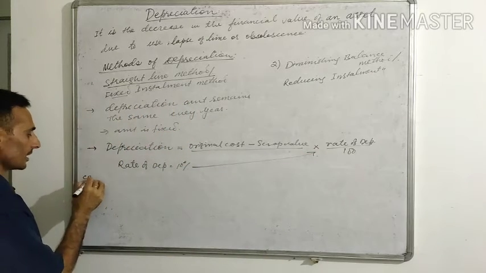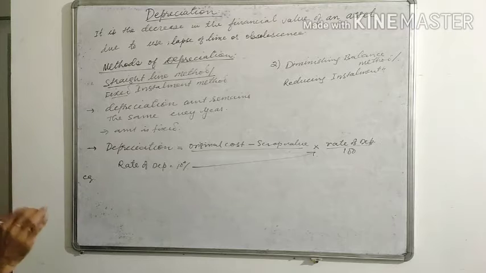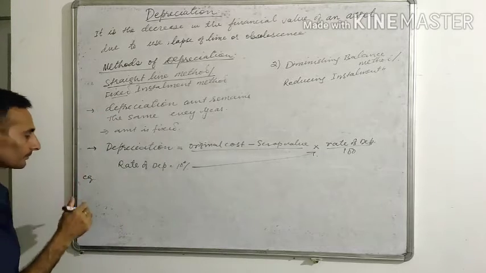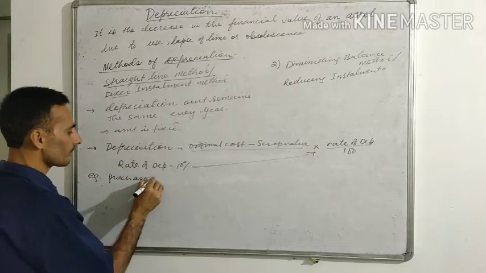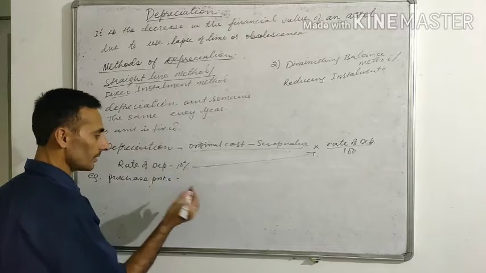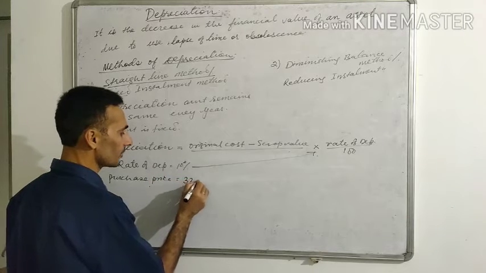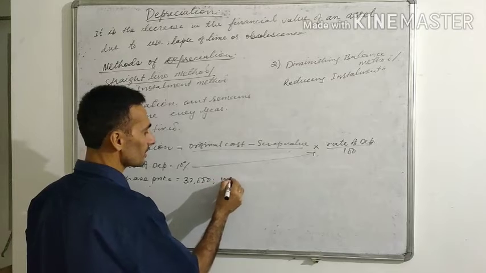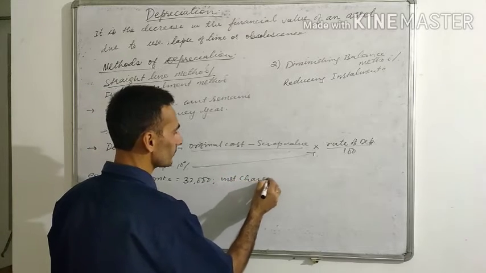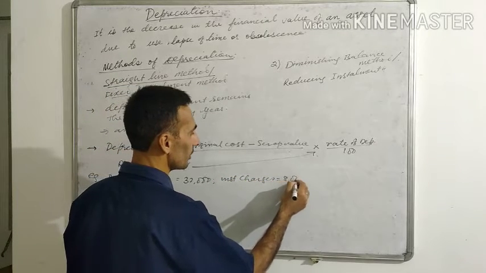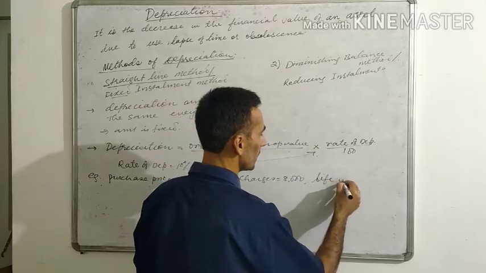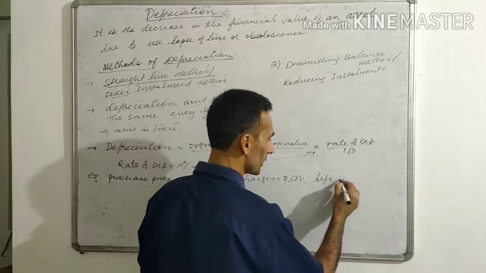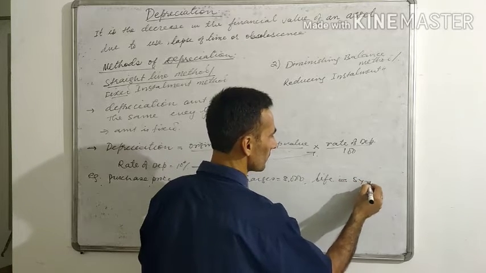Now say, for example, here I give one example to show how to calculate depreciation under this method. For example, here the purchase price of a machine is say 32,000, installation charges say rupees 8,000, and the estimated life of the asset is say 5 years.